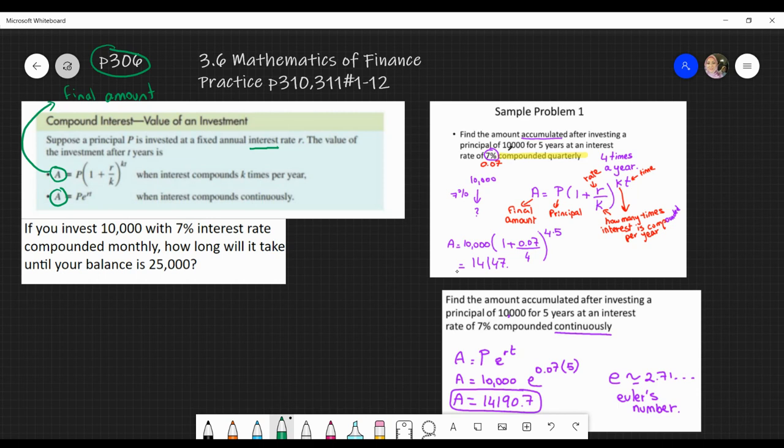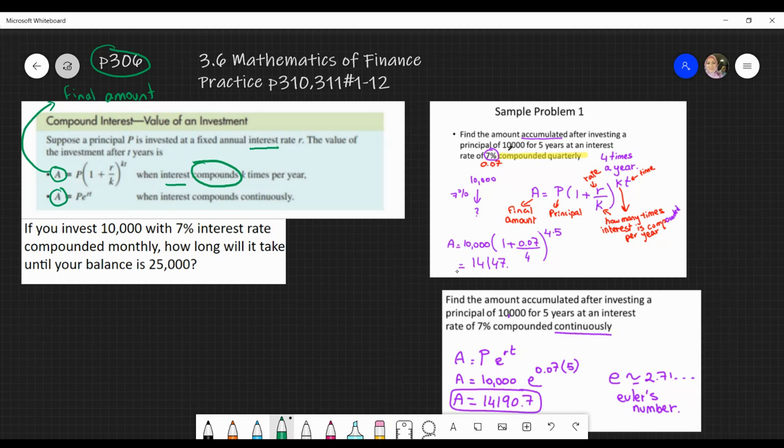That's if you're saving your money in a bank. We're going to see important words like interest, and the new word to you could be compounded. What we mean by compounded K times a year is how many times a year the bank calculates your interest. And this is what we're going to see in the sample problems.